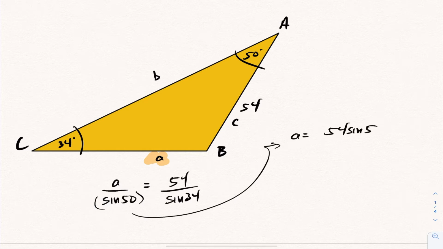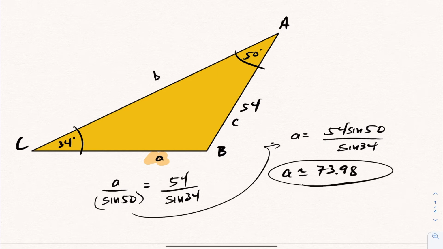By doing that, we've now isolated the a, and we're now computing 54 sine 50 divided by the sine of 34. If you calculate this, you get approximately 73.98 units. Okay, so the length of line segment a here is approximately 73.98 units.